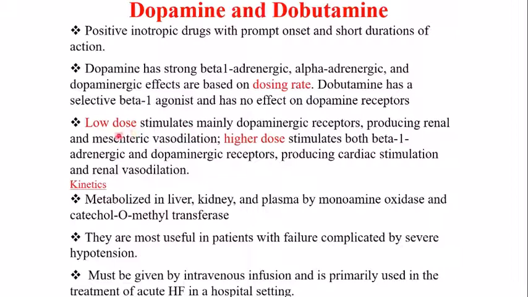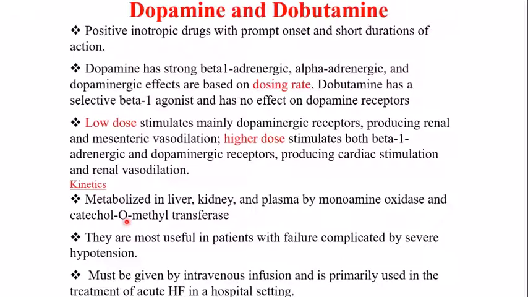As I previously discussed, dopamine has dose-related effects. At low doses, it stimulates mainly the dopaminergic receptors, producing renal and mesenteric vasodilation. High doses stimulate both beta 1 adrenergic and dopaminergic receptors, producing cardiac stimulation and renal vasodilation.